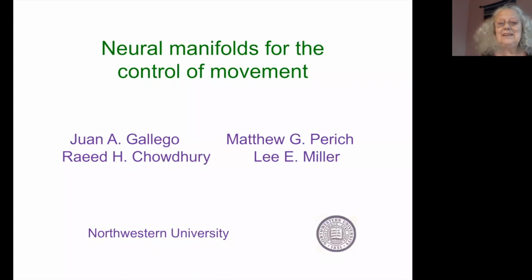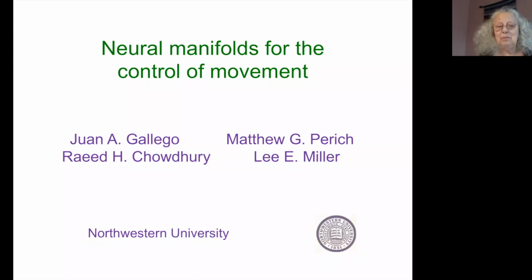I want to start by telling you about the collaboration that put forward the work that I'll be using in the last part of my talk. I have a long-standing collaboration with Lee Miller, who runs a monkey lab at Northwestern University. So we have co-supervised many students and many postdocs together. There is an experimental component and a theoretical component.